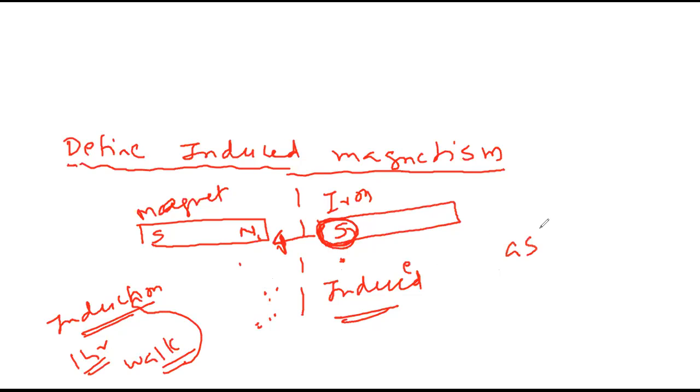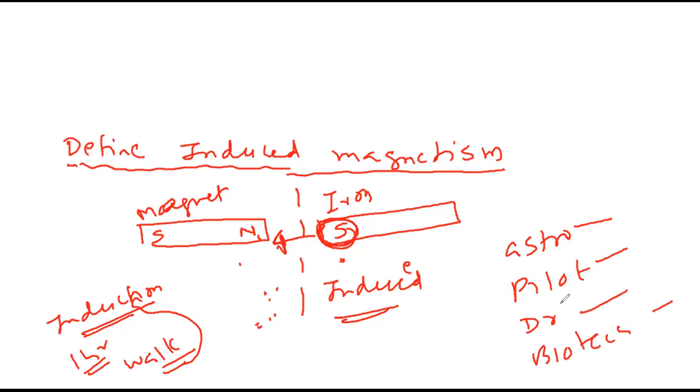Somebody says, I will do astrophysics. Somebody says, I will become a pilot, a doctor, a biotech scientist. They get influenced by somebody, and then that makes them think like the person whom they admire. So automatically something comes at the nearer end, called induced magnetism, which is temporary, not permanent.